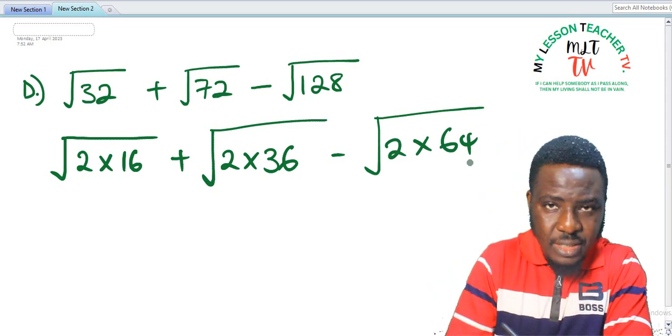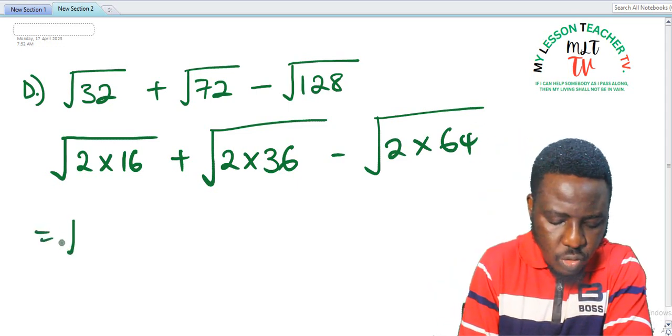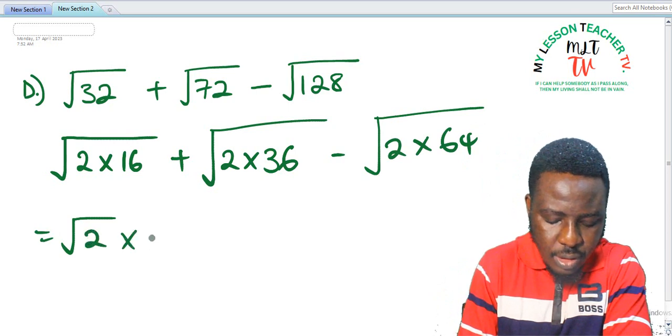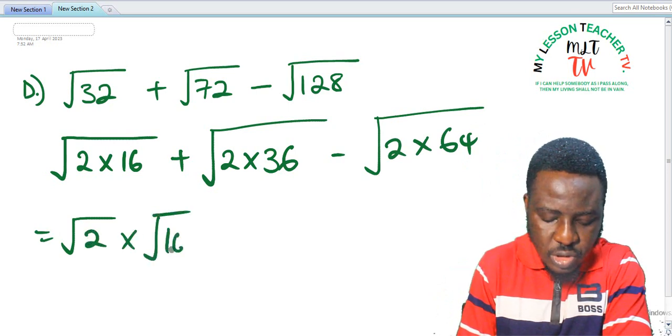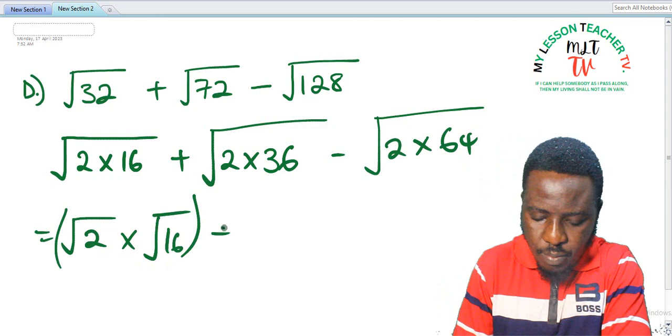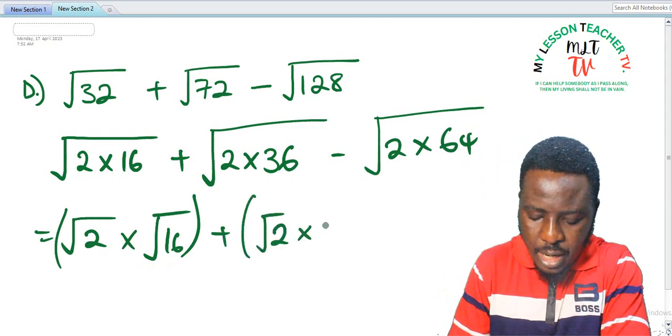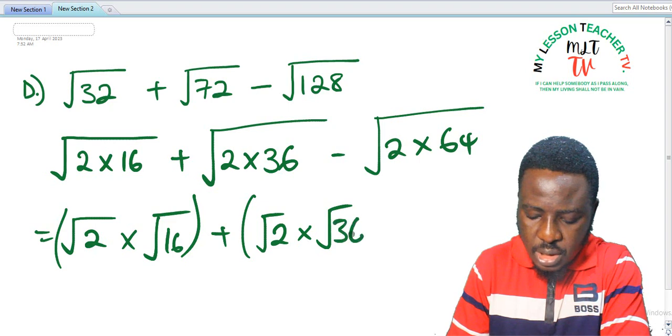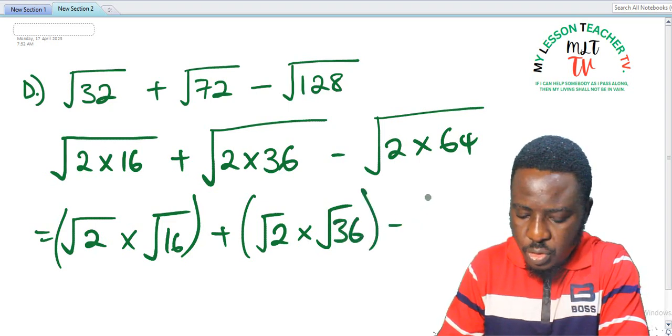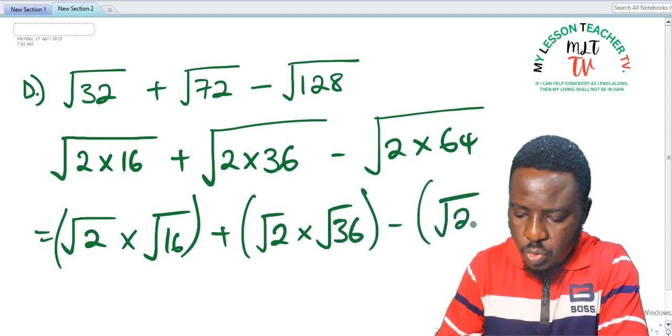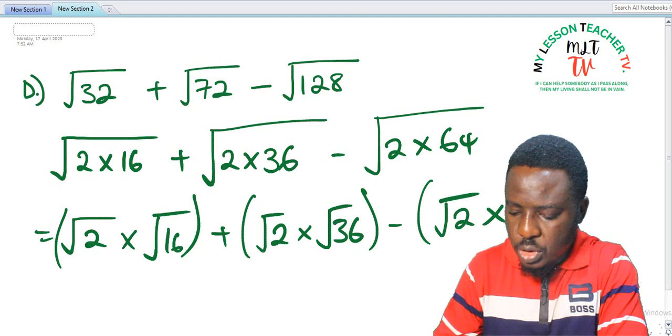Now you can simplify them further. This is equal to root 2 times root 16 plus, do the same to the second, root 2 times root 36, minus root 2 times root 64.